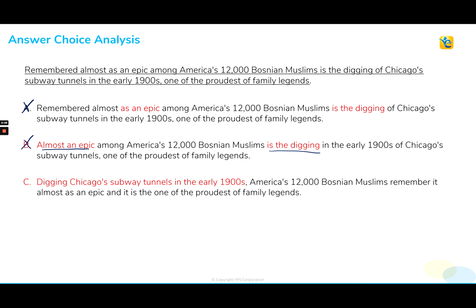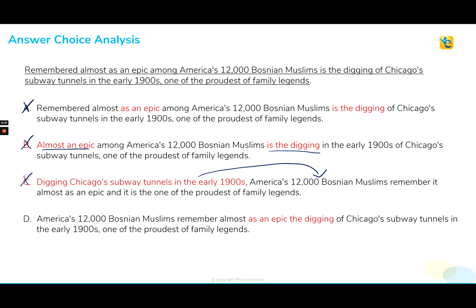Now, we know this opening modifier is going to associate with the subject, but these American Bosnian Muslims are in the present, and this digging of the tunnel is in the past. So that modifier is not logically modifying the present Bosnian Muslims. So we definitely have this illogical meaning and a modifier error there with choice C.